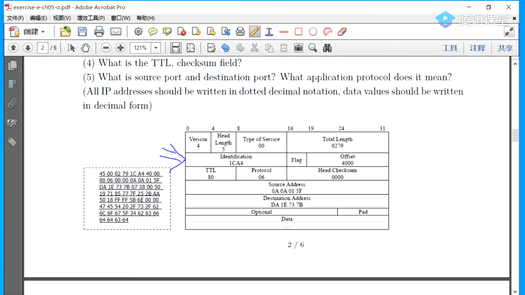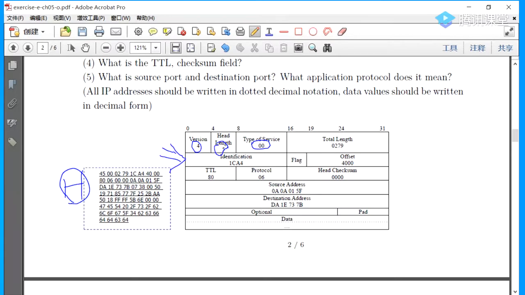And so 4500, this is a hexadecimal notation.